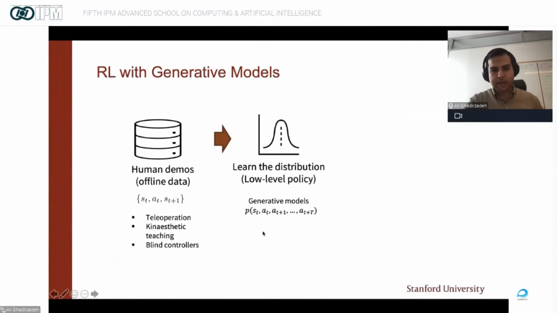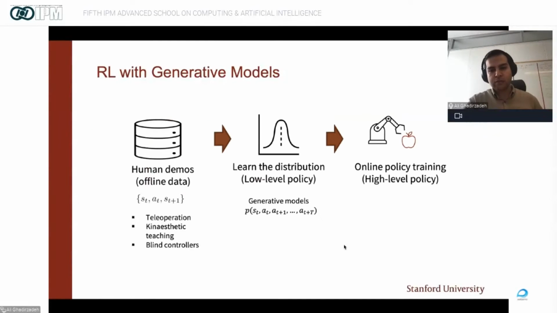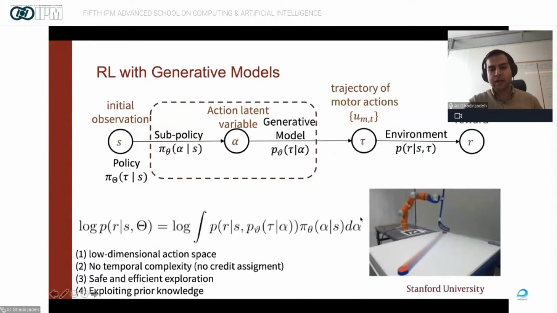Let's look back at this term. Before, we had to find the probability of reward conditioned on state and trajectory. Now the trajectory is simply replaced by our generative model term, conditioned on the latent variable. Why is this an interesting formulation?